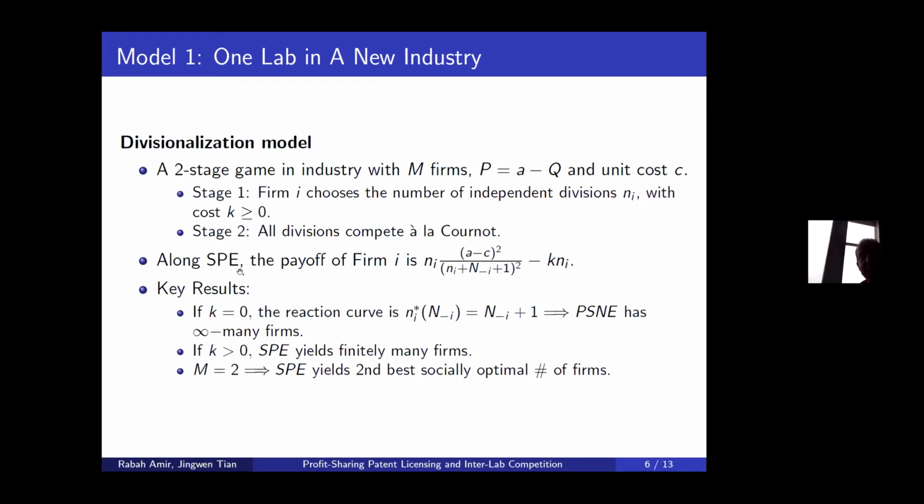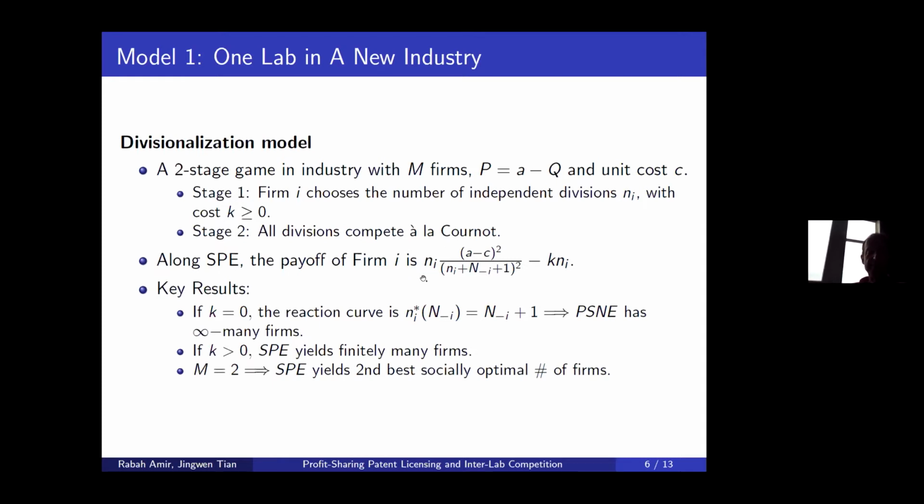So along a subgame perfect equilibrium, the payoff of firm I is this, where this fraction is just the Cournot profits if you have this many firms competing, small ni plus capital N minus i. So this is how many firms compete à la Cournot. This is the usual expression for per firm Cournot profits.